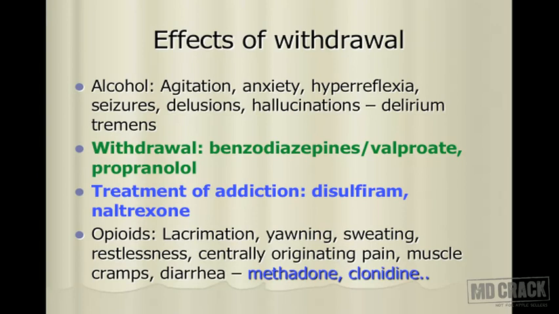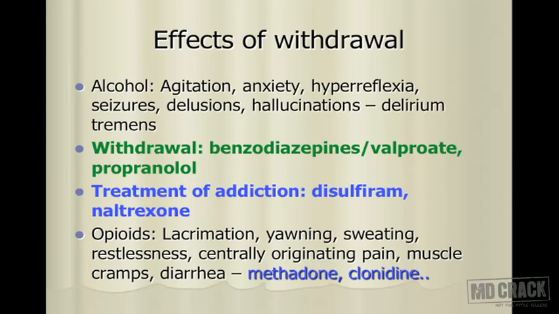And alcohol withdrawal is again managed with the help of benzodiazepines or valproate and propranolol. That's the beta blocker. For treatment of addiction, we use an aversive stimulus in the form of disulfiram, which is going to inhibit the acetaldehyde dehydrogenase enzyme. In addition to this, naltrexone, a pure opioid antagonist, is useful to decrease the sense of craving.